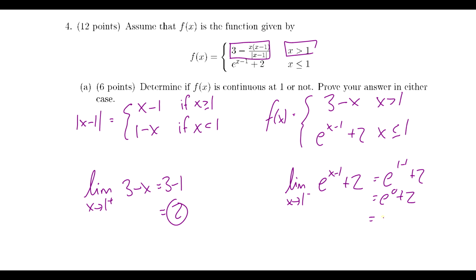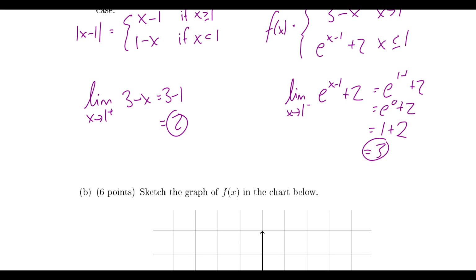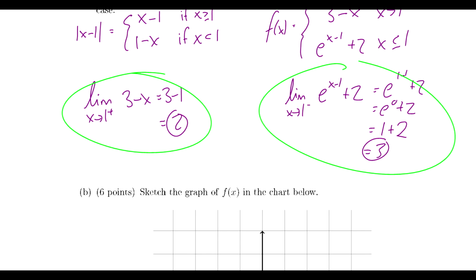And we know that e to the 0 is equal to 1, so the limit from the left is going to be 3. And you can see that these limits do not equal each other. Therefore, the limit does not exist at x equals 1. Therefore, it is not going to be continuous.